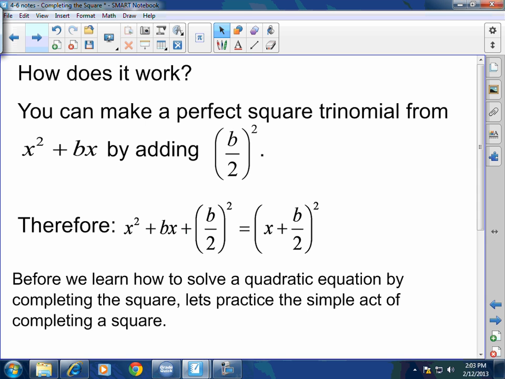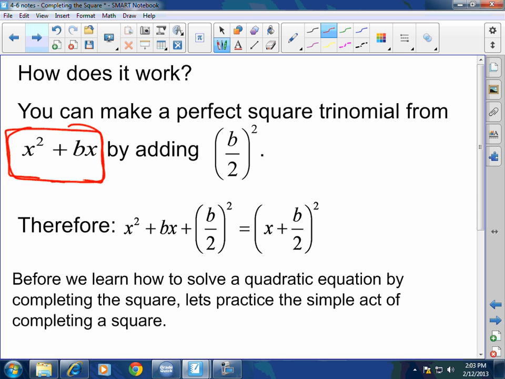How does it work? You can make a perfect square trinomial from x squared plus bx by adding b over 2 squared. Once you have the x squared and the bx alone, if you add b over 2 squared, you're going to get x squared plus bx plus b over 2 squared, which will give you a perfect square trinomial.